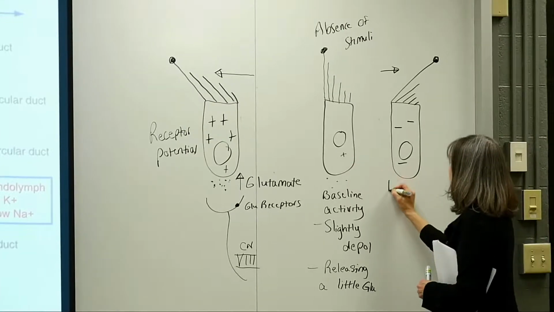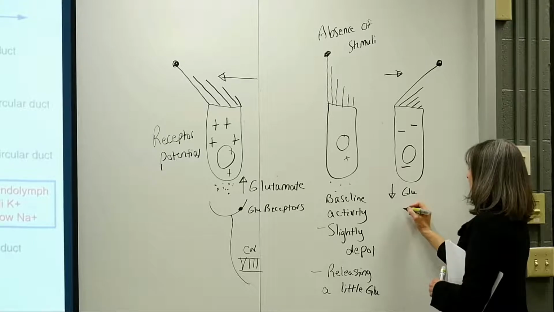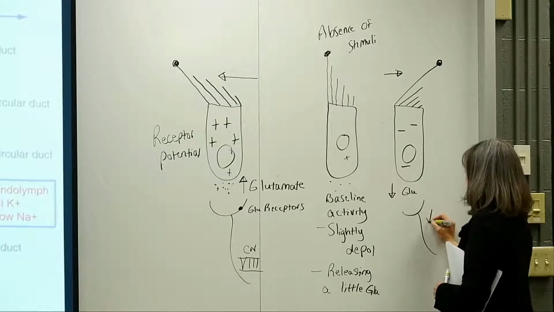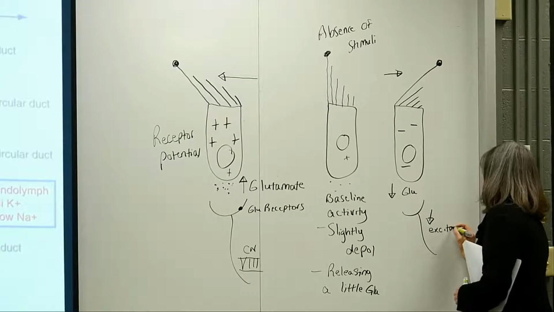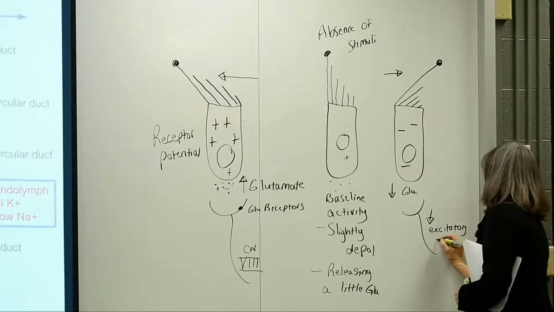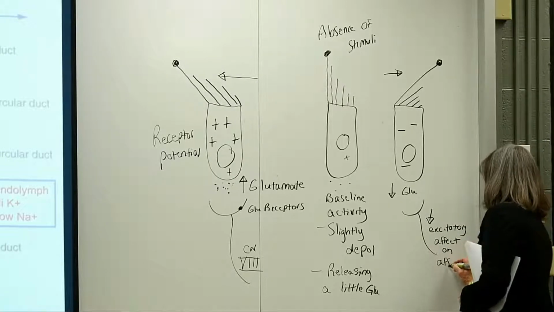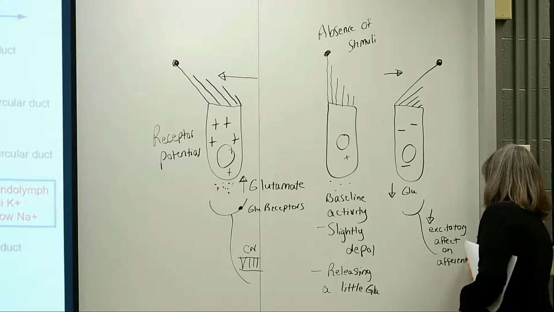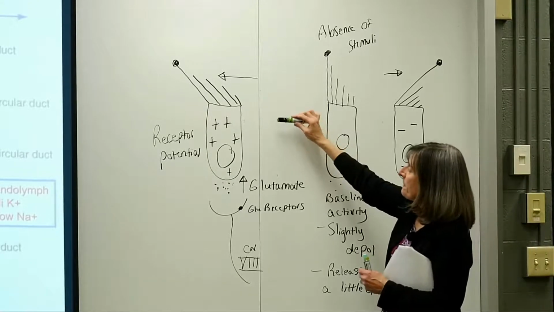And we're going to decrease the amount of glutamate that's released. And so we're going to decrease any excitatory effect on the associated primary afferent. Okay? So hopefully that makes sense.